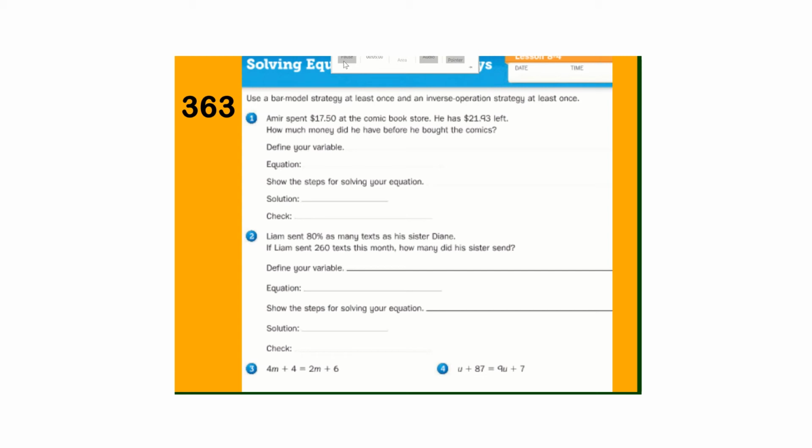So number one, Amir spent $17.50 at the comic book store. He has $21.93 left. How much money did he have before he bought the comics? So define your variable. So we can just say X. I always use X. X is the what? It stands for the amount of money, right?